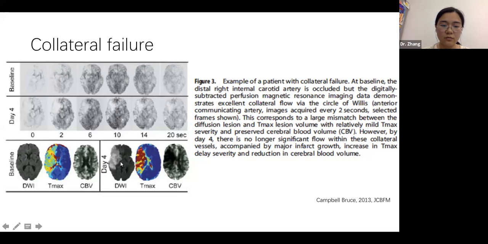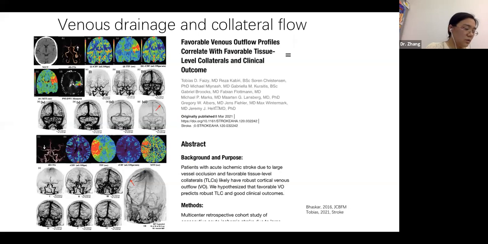So here the DWI shows a large area of infarction, and the Tmax shows a very significant increase. The colors become red, and on the CBV, we can see that there is a reduction in cerebral blood volume. So the prognostic significance of the collateral is very significant.